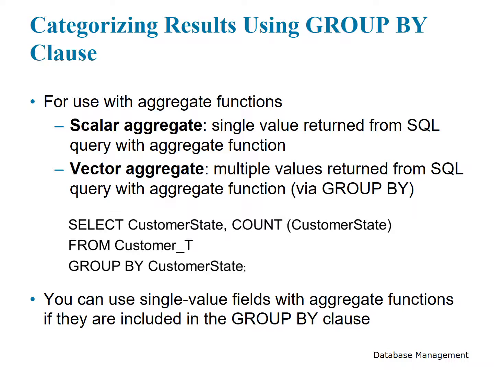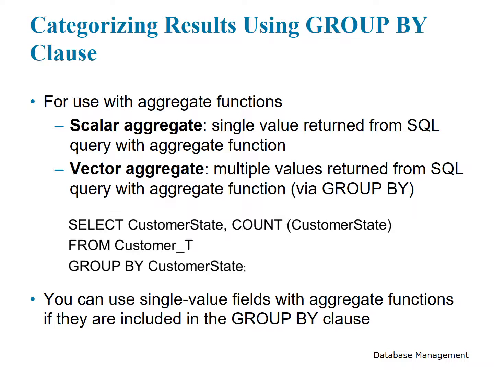Select customer state, count customer state from customer table, group by customer state. You can use a single-value field with aggregate functions if it is included in the GROUP BY clause. This is an example of a vector aggregate. It will return the number of customers from each state.